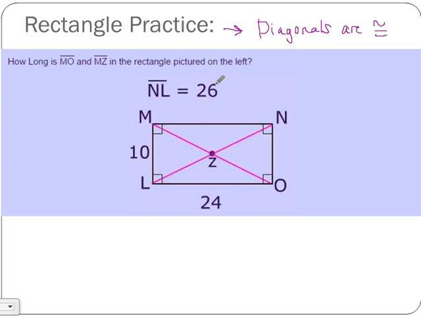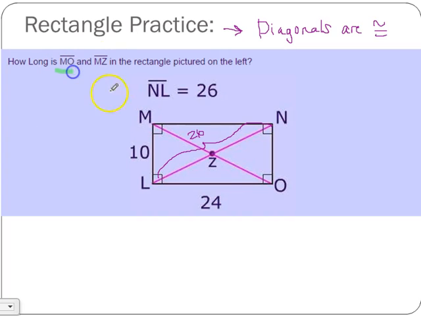So it's got all the properties of parallelograms and the diagonals are congruent. We've got some side lengths measured, and we're told that from N to L, the entire length of this diagonal, is 26. And we want to find the length of MO as well as MZ.